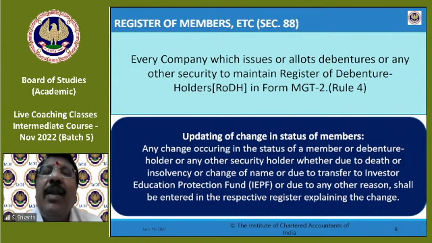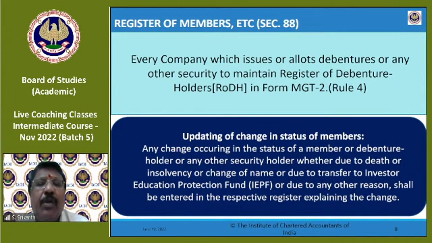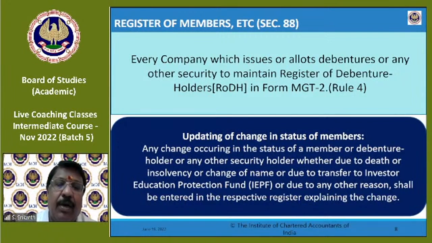Now, similar to the register of members, the company should also maintain a register of debenture holders, right? Any change in the status of the member or debenture holder, etc., should also be updated in the register of members or register of debenture holders respectively.